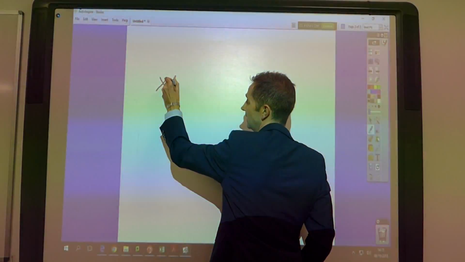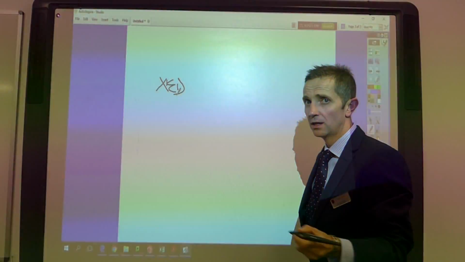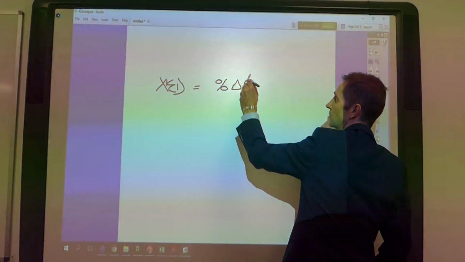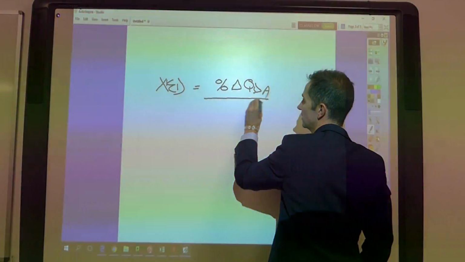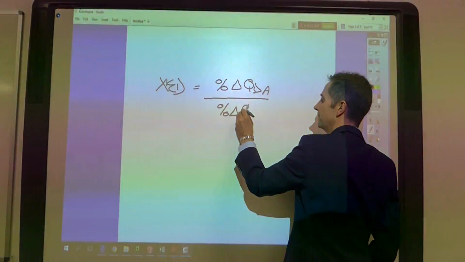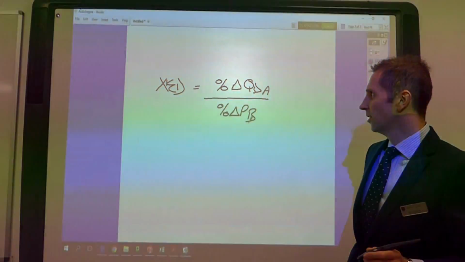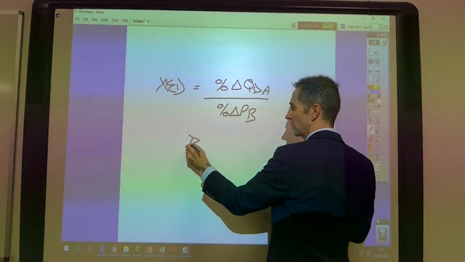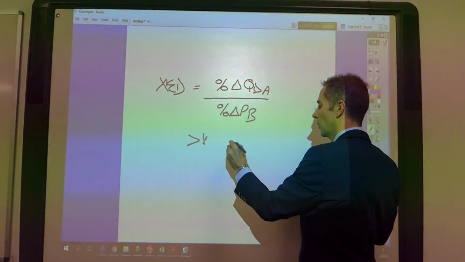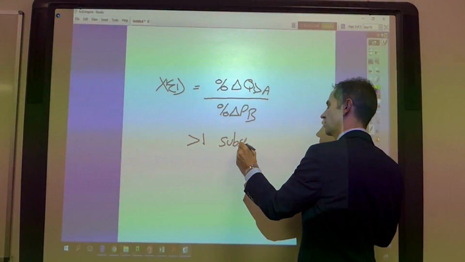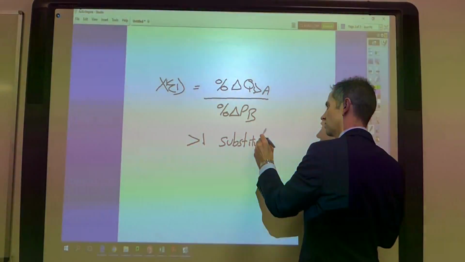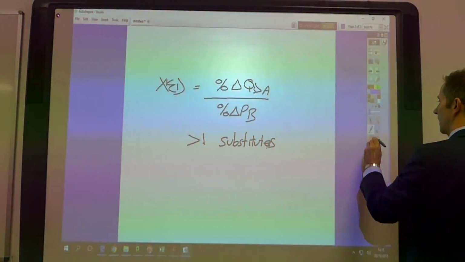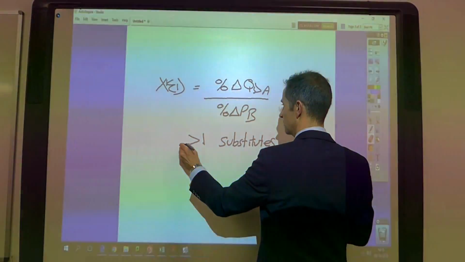So XED, which is cross price elasticity of demand, is equal to the percentage change in the quantity demanded of good A divided by the percentage change in the price of good B. Now, you don't necessarily need to know that for this question, but you do need to know that if your answers are greater than 1, then we're talking about substitutes, or not even greater than 1 actually, ladies and gentlemen. Let me amend that, my apologies.